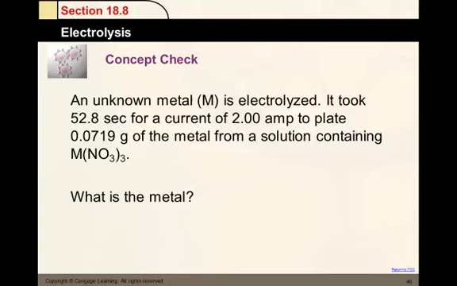And this is one that I guess I would say is the backwards kind. How would we do this? Well, we want to figure out what the substance is. So I'm going to go backwards from what I said before.